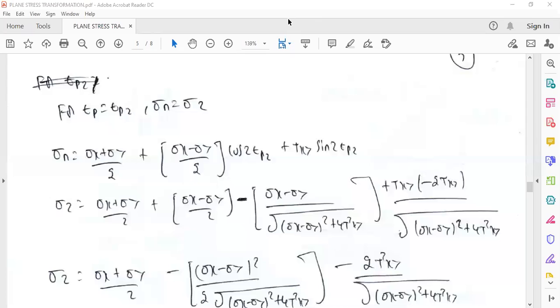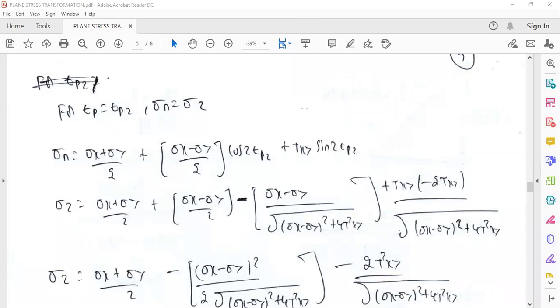We started from scratch. We have obtained f of sigma n and f of tau. We have obtained our principal planes. We have substituted the principal planes in the sigma n equation to find the magnitudes of sigma p1 and sigma p2, and we came to maximum shear stress. We have obtained the planes of maximum shear stress.